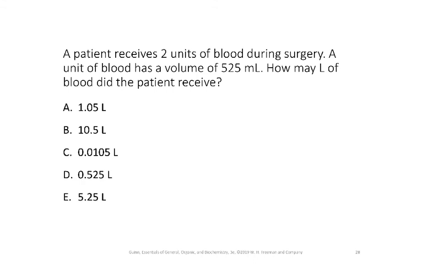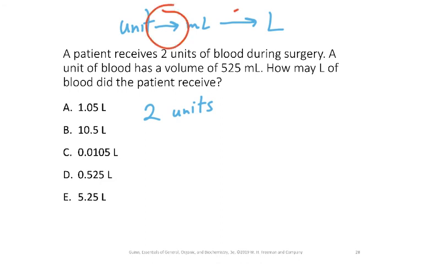Okay, you're back. So I'll walk you through how I would set this up. You might just skip step 1 if it's familiar to you, but I'm going to show explicitly that our measured quantity is 2 units, and we're going to convert from units to milliliters to liters as the unit plan. So each arrow is a conversion factor.